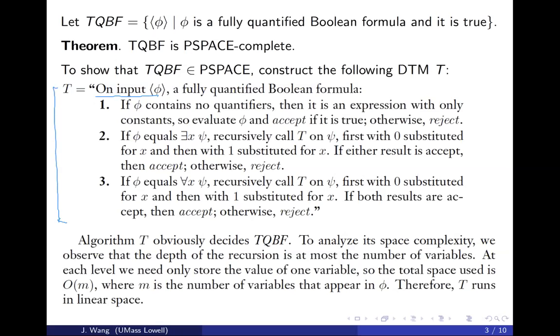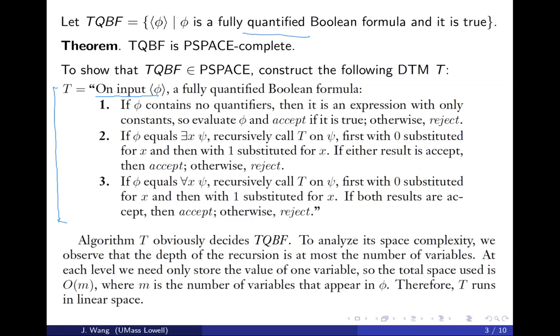That means it doesn't have variables, because we know if it has variables, it must have a quantifier for that variable. Then it will be some constants connected by logical operations, so you can evaluate it to be either true or false. Okay, so this is easy.